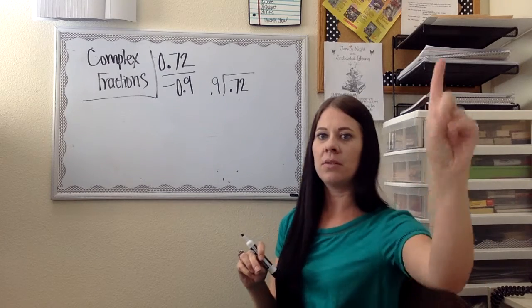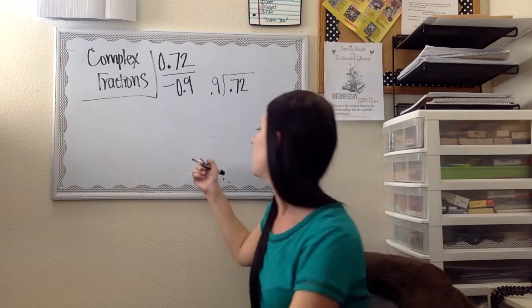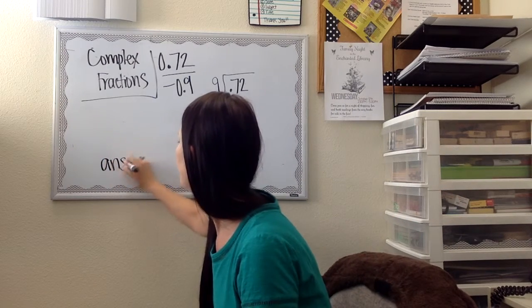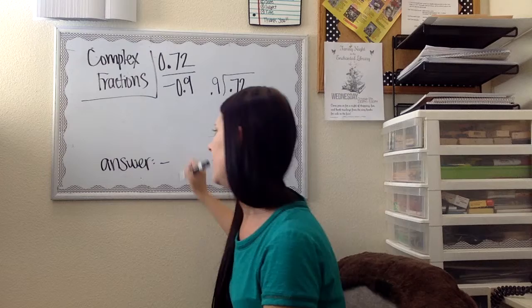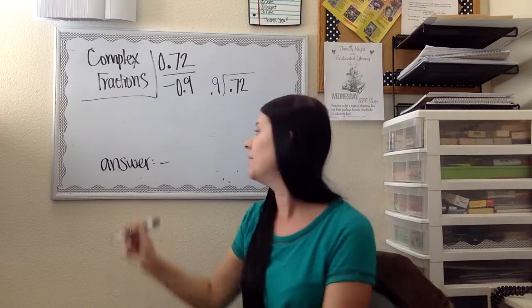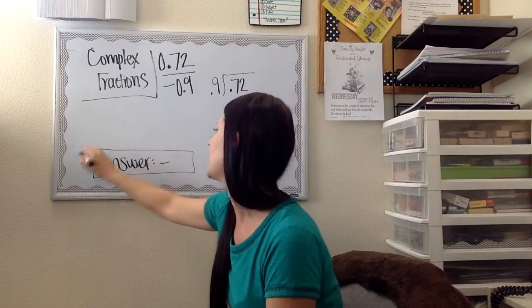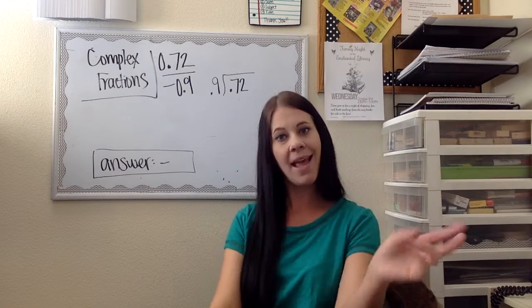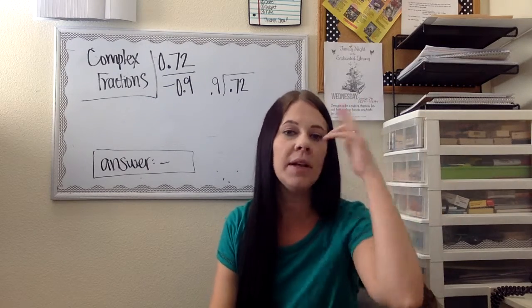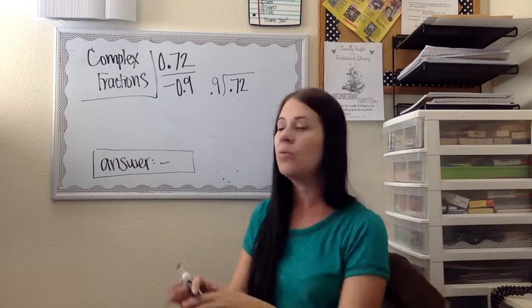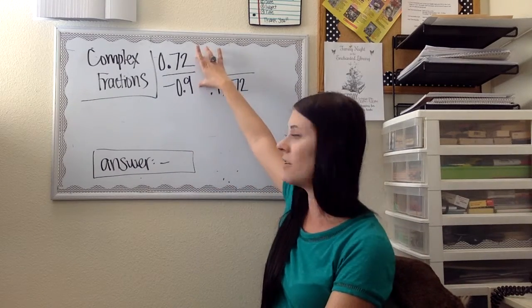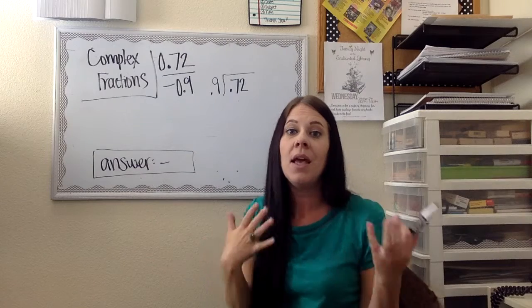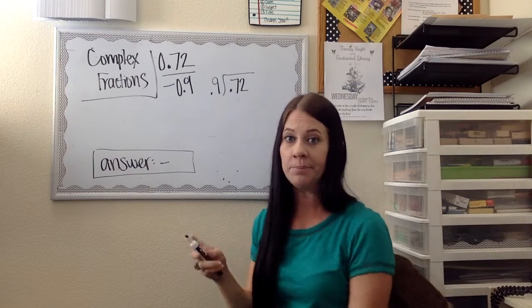Another way of thinking of it is only one negative, which is odd. So we know our answer is negative. And maybe you write that. You get yourself ready to fill in your answer, and that way you don't forget your negative. Because usually when I talk to students and I say, hey, you forgot a negative, like, oh, I knew, I just forgot. So if you write it and you make that decision first, that might be a strategy to help you not forget.